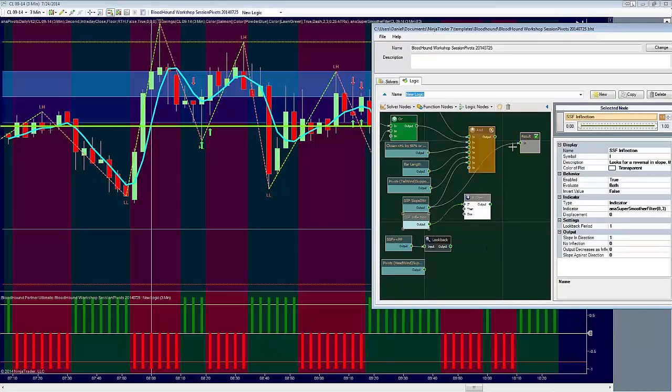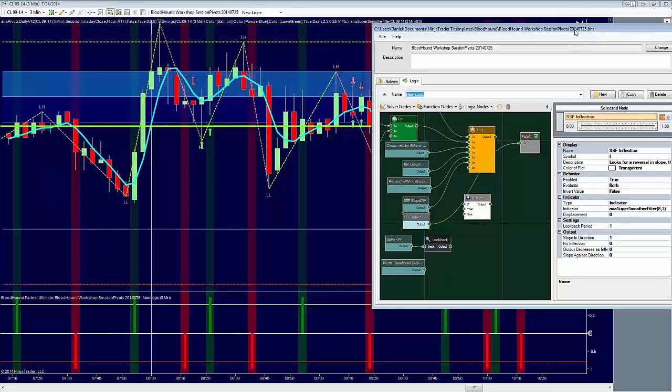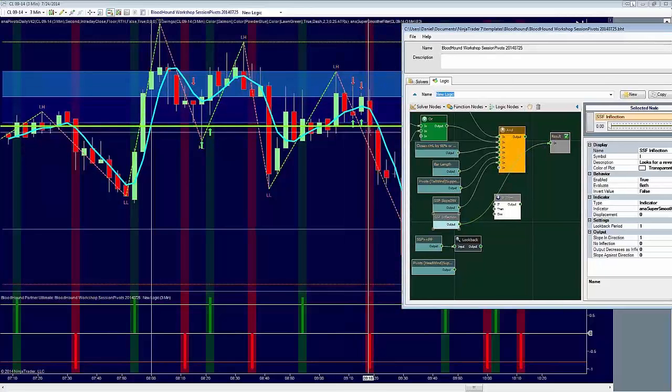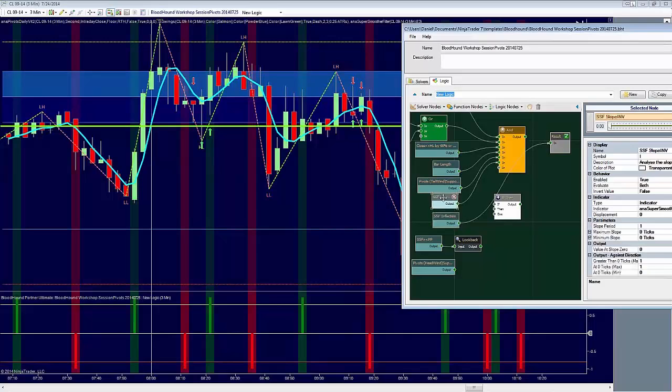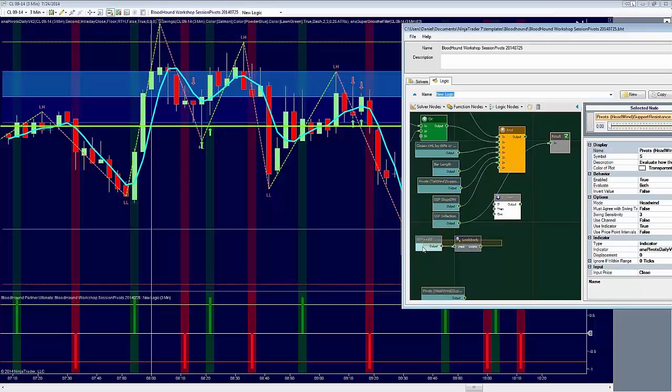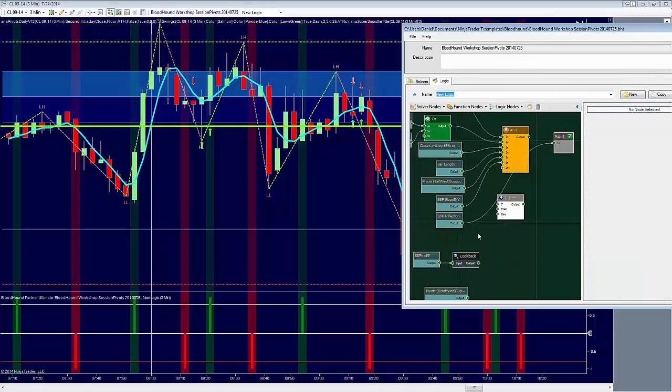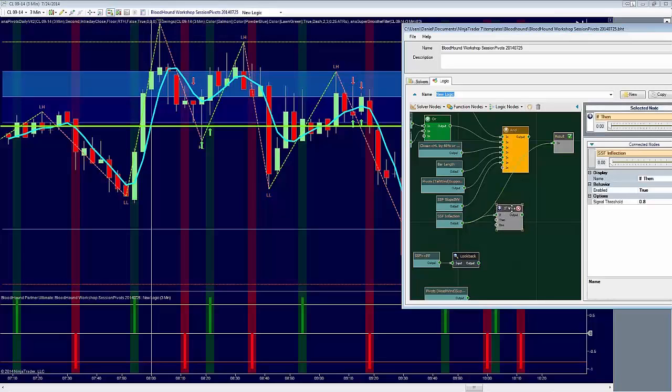Okay. So if we get an inflection down, then we want to keep that inflection down. Otherwise, we want to use the inverted slope. So let's see if we can make that happen there. Let's see if we can figure that out. So if we do get an inflection, then that's what we want to keep.